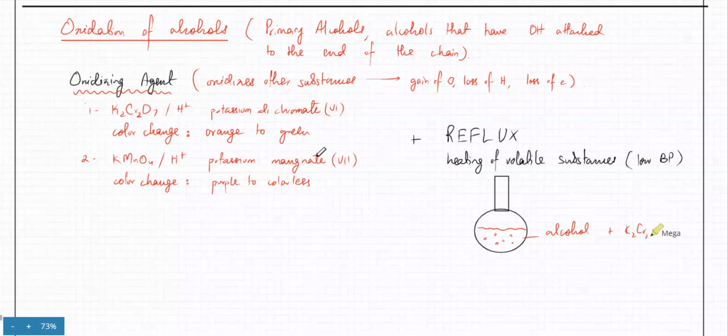Now the issue is that you heat it acidified. Acidified means that there's an acid in it. Remember this H+ over here, it just shows that there's an acid in it as well.